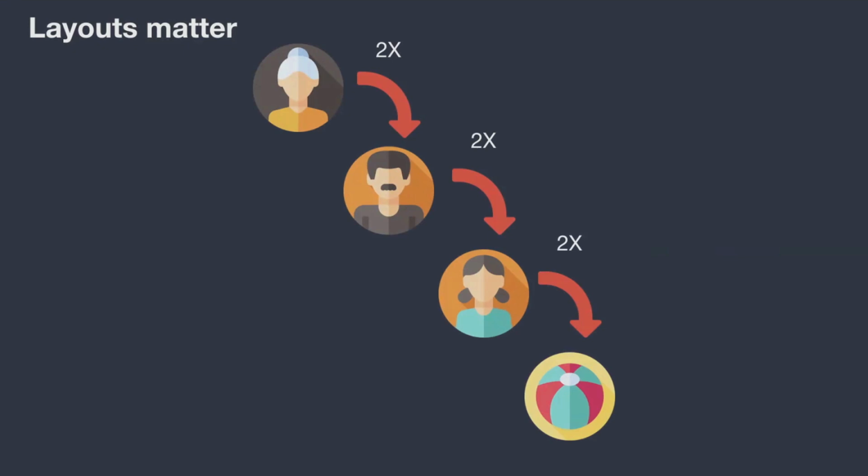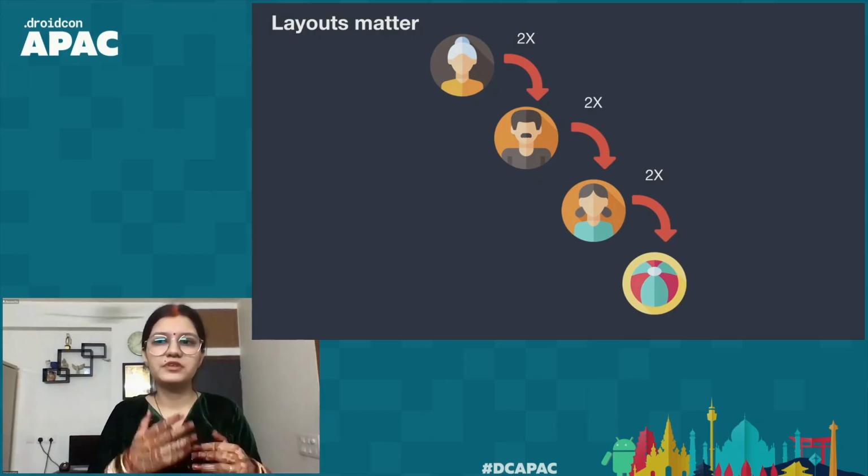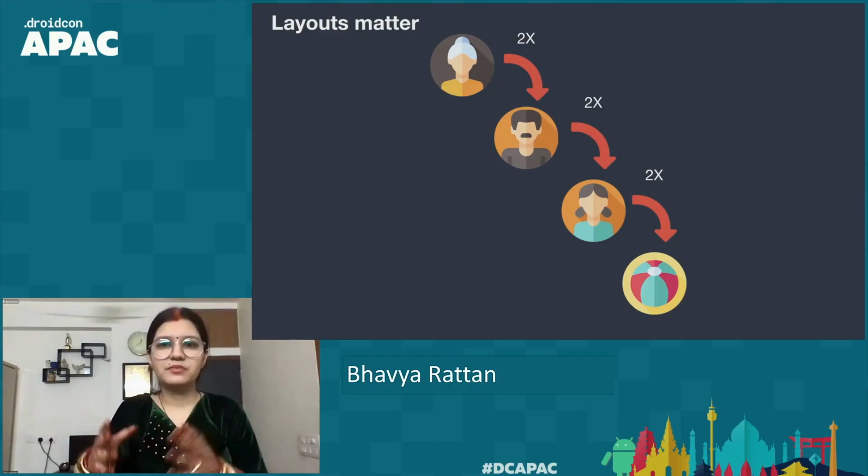Now layouts matter. Whenever a layout is rendered on screen, the system performs all the operations on its children as well. So if there are a lot of steps in the traversal and measure phase to render a layout, the same steps would be applied to its child.